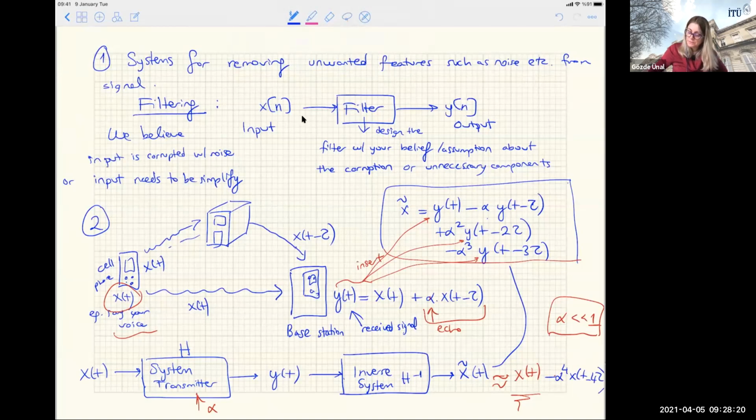That's the echo part being killed, because if alpha is less than 1, alpha to the 4 is really small. So you kill the echo, which we don't want. This is an example of an inverse system.